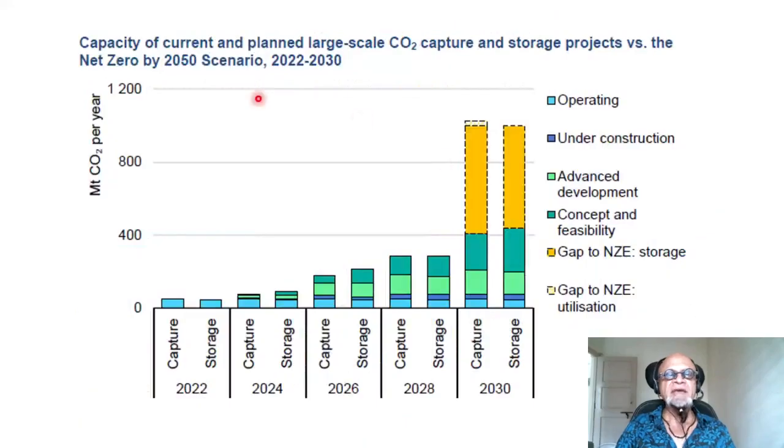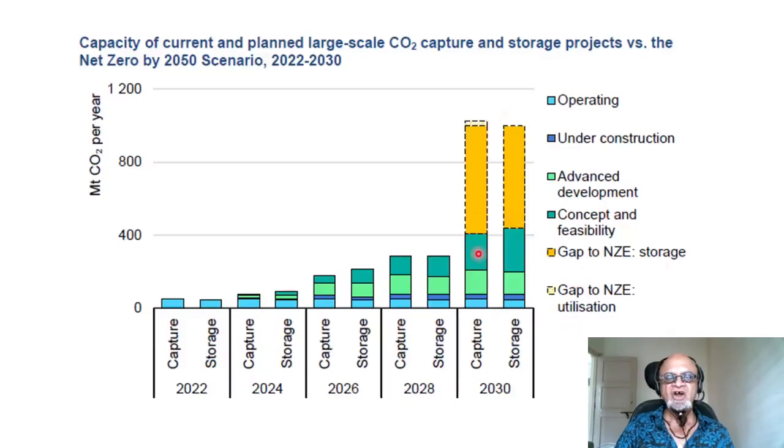Just in terms of capacity of current and planned large-scale CO2 capture and storage projects versus what is needed by 2050 for net zero emission scenario. So going from 2022 to 2030 in terms of millions of tons of CO2 per year, that's not a huge number. You're barely getting up to 1 gigaton here. So you have operating, under construction, advanced development, concept and feasibility, gap to net zero emission storage and utilization.